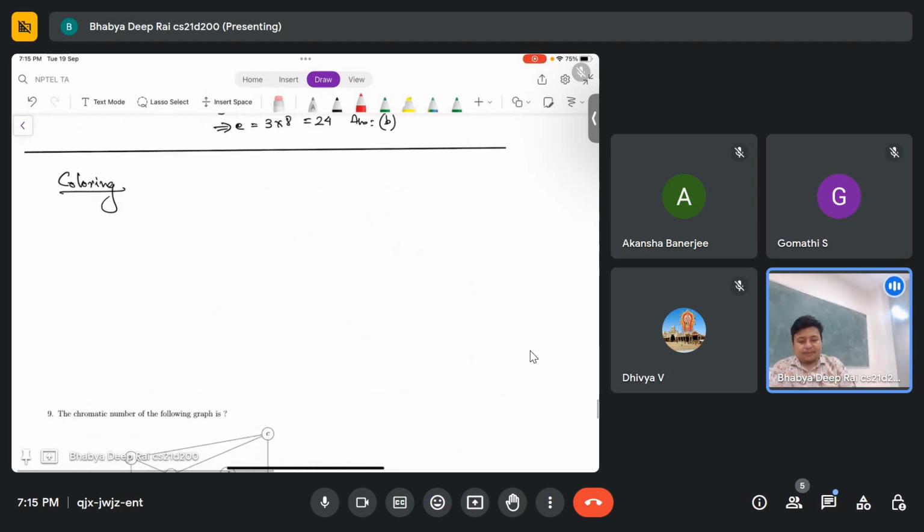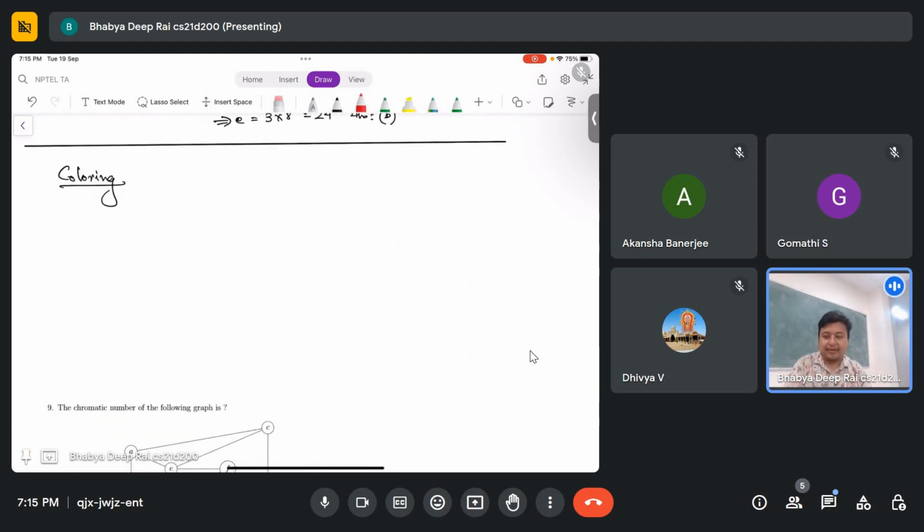Okay, so moving on. Now we are approaching the end of this discussion. There are just two more questions left. Okay. So graph coloring. Now this is another rich area of graph theory. The idea is that if I have a graph, you can color it with your favorite colors.